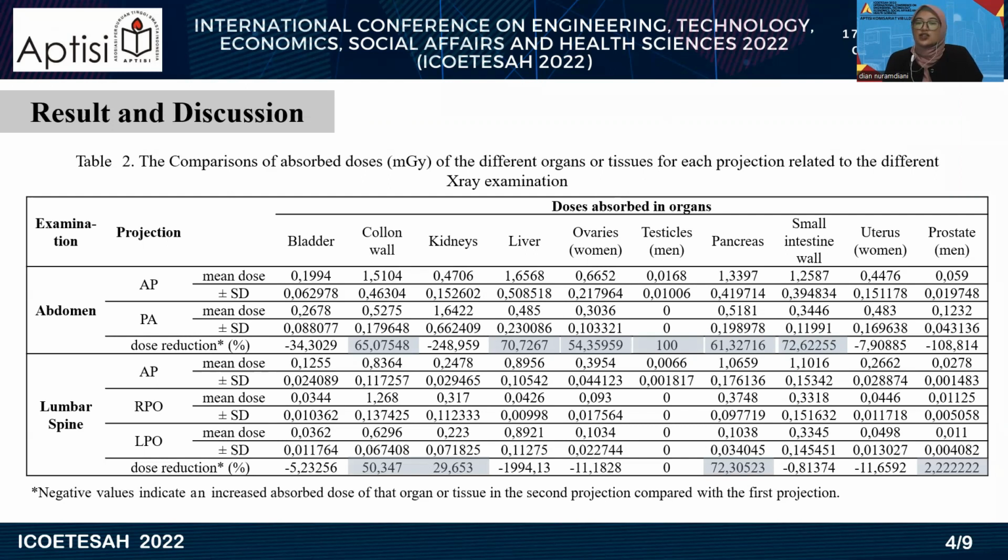And further analysis shows that the LPO projection compared to the RPO projection caused the absorbed dose to the colon wall, kidney, pancreas, and prostate organ in men to decrease by 50.35%, 29.65%, 72.30%, and 2.22% respectively. Meanwhile, the bladder, liver, ovaries for women, small intestine wall, and uterus organ have increased.